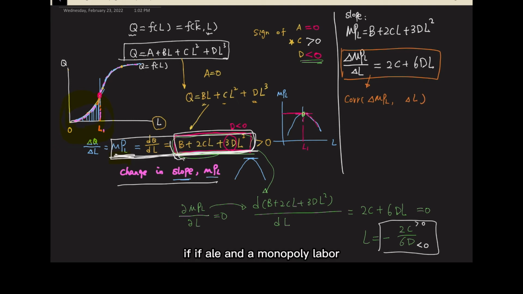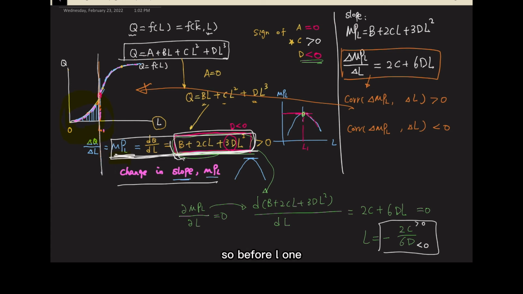So if L and the marginal product labor move in the same direction, it is positive, right? There's positive correlation. If more labor is hired and the change is less than 0, the opposite holds. So now let's come back to this graph and look at the change in slope. Before L1, the slope becomes larger and larger as L increases.